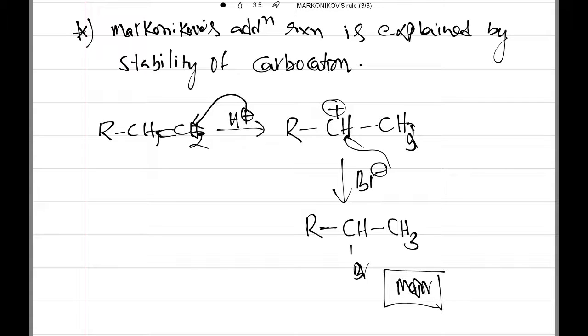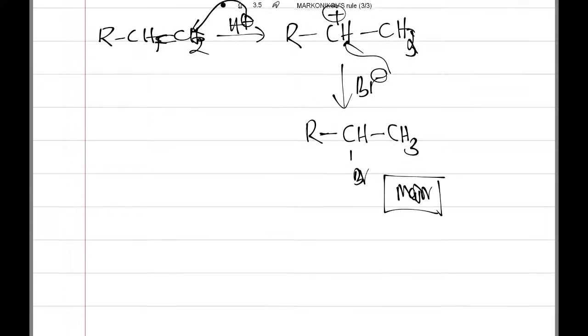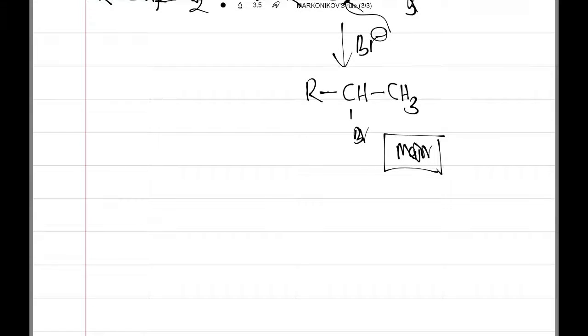According to the Markovnikov addition reaction, first H plus attacks the side with the more number of hydrogens. After that, you should check the stability of the intermediate. One more point you should remember: here the intermediate is the carbocation.